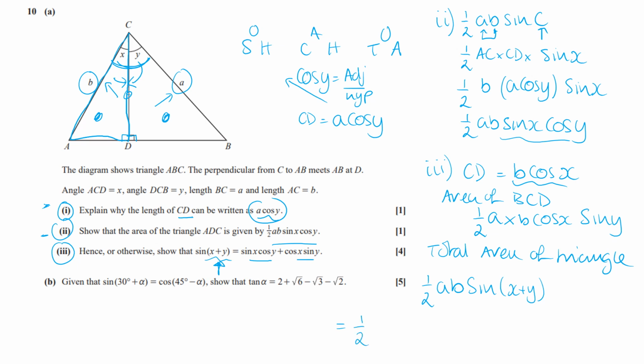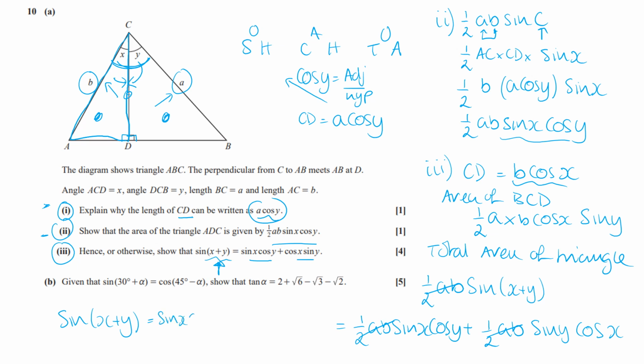So that's going to be half AB sine X cos Y plus half AB sine Y cos X. And then all we need to do is cancel through by the half AB to find that sine of X plus Y is equal to sine X cos Y plus cos X sine Y.